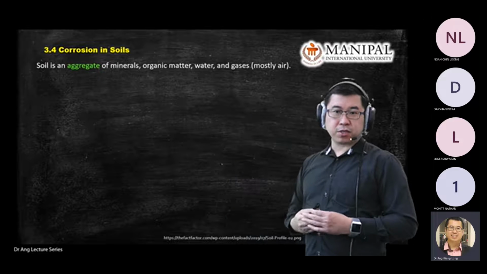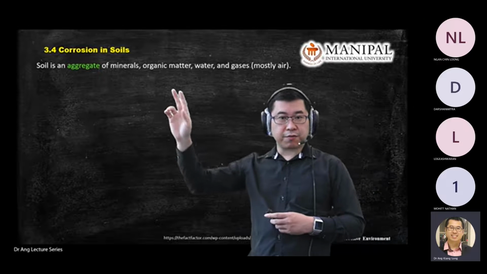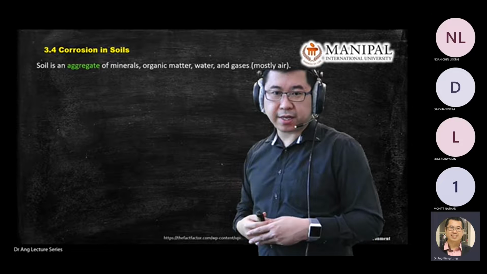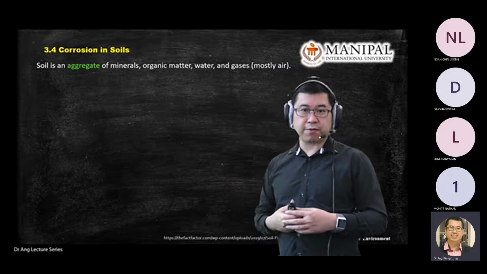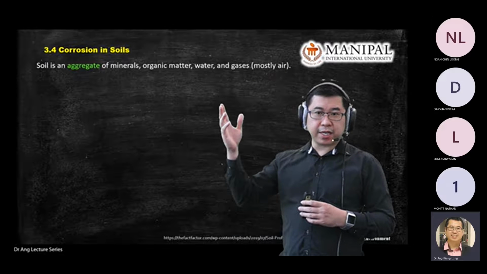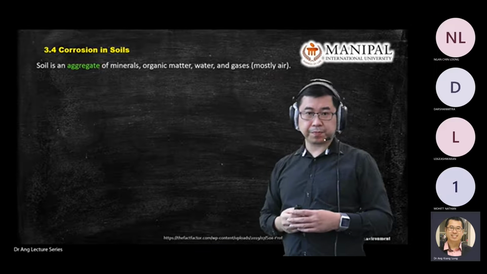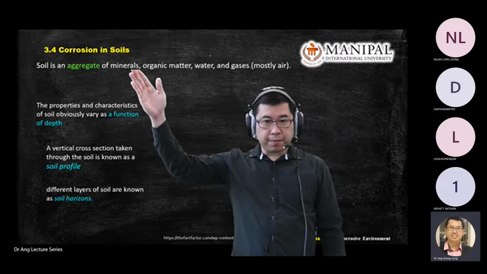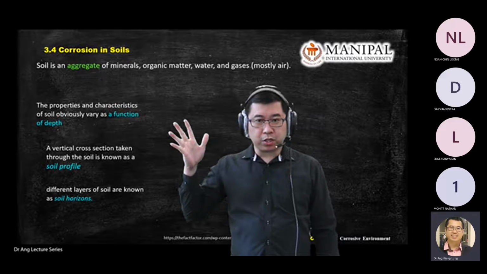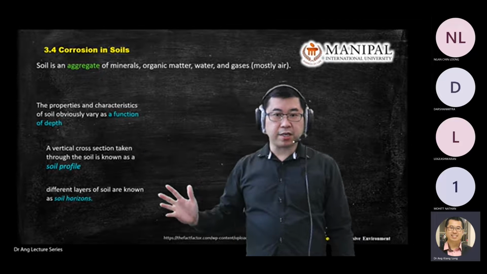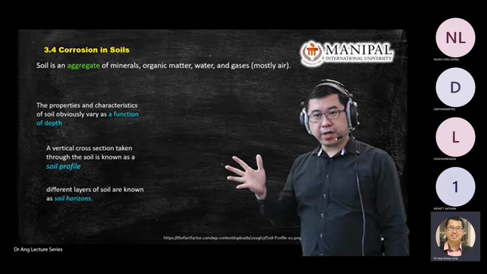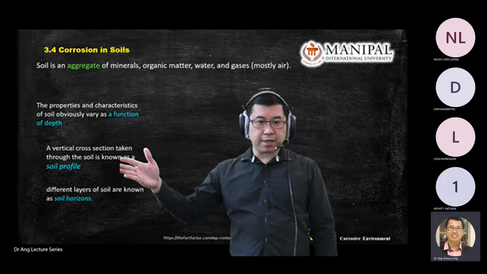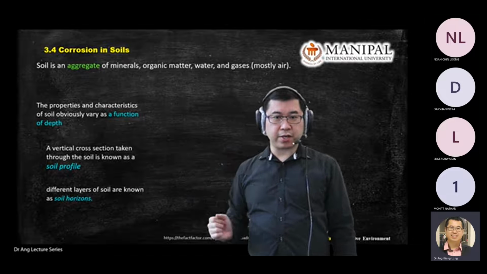Okay, so this is the definition of soil. Soil is an aggregate, or consists of minerals, organic matter, water, and gases. When you talk about soil, we need to go deep into the definition here. So when you talk to a soil expert, normally they will tell you about the soil profile and soil horizon.